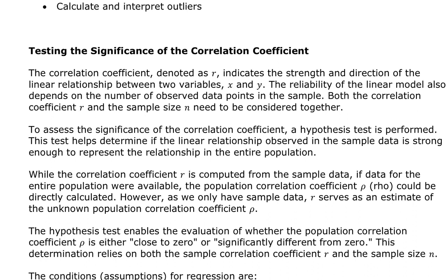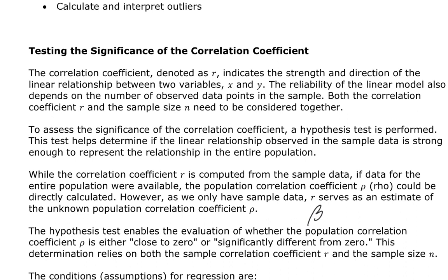So when we do our hypothesis test, we will be using rho, this funky looking P. A hypothesis test is always in reference to the population, so this is the notation that we will use. Sometimes you might see this as a beta. In some videos they use beta instead of rho, and that's okay.